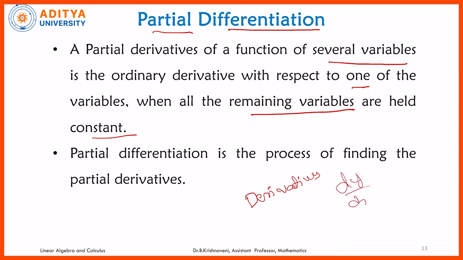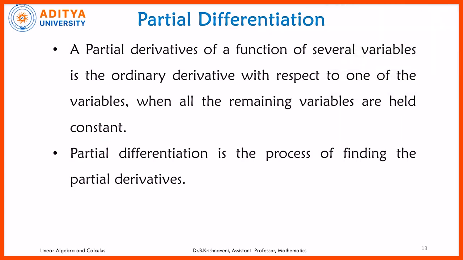If you represent that with dy by dx, we all know that y is dependent and x is independent. So, here we are calculating the derivative of y with respect to x, which means with respect to only one independent variable. But while doing the partial derivative, we can do it with respect to two or more independent variables. So, a partial derivative is an ordinary derivative with respect to one variable while the remaining variables are constants. Hence, partial differentiation is the process of finding partial derivatives.